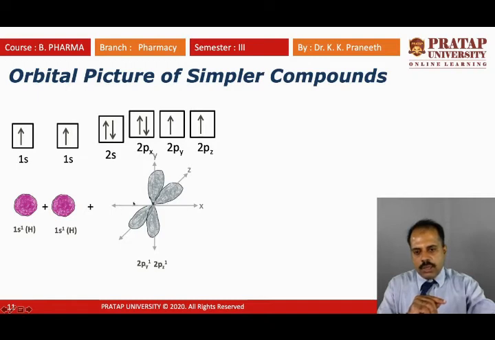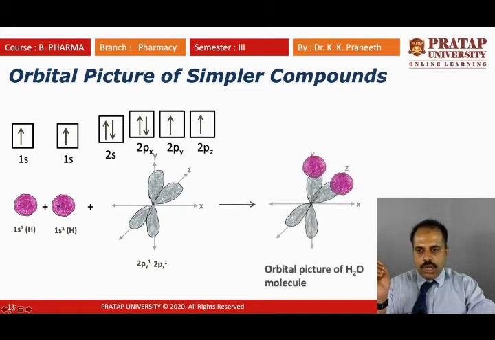In 2px, how many electrons are present? 2 electrons. But I have not shown them here because we need only the unpaired electrons, since only unpaired electrons will react to form the bonds.